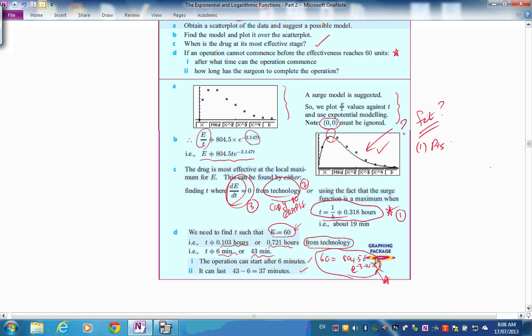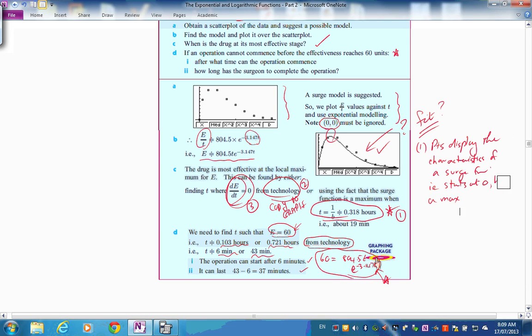The points display the characteristics of a surge function, right? So that is starts at 0, has a maximum, or quickly reaches a maximum.